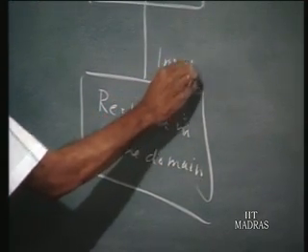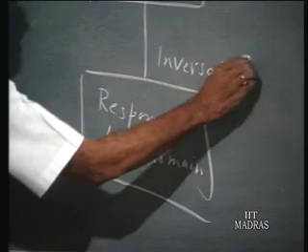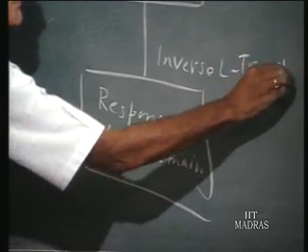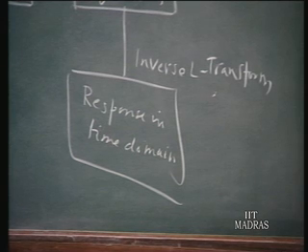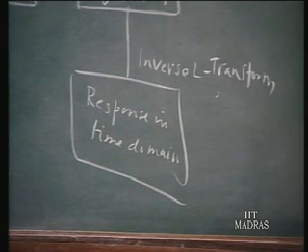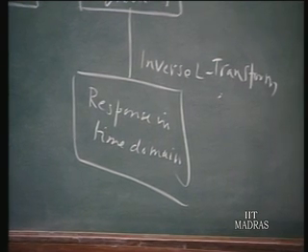For this you do the inverse Laplace transform. That then is the way in which we handle the network transient problems using the transform diagram. So we avoid writing down the differential equations pertaining to this.